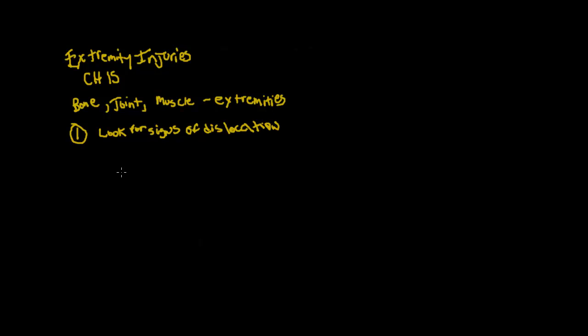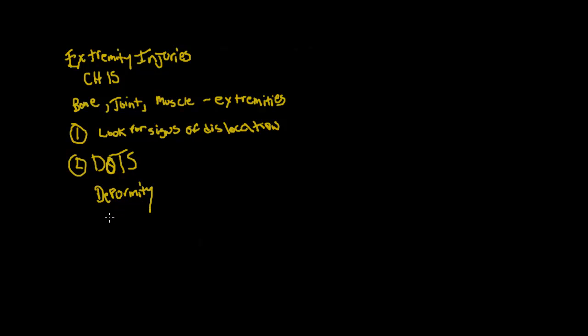That's not much better, but it'll work. So we're looking for signs of dislocation, and we're going to use another one of these awesome acronyms that sometimes they have so many acronyms it just makes it confusing, but I'll at least go over and explain what it means. The D is for deformity.